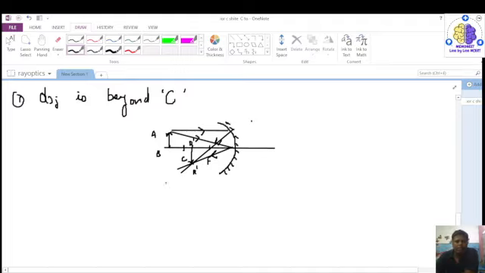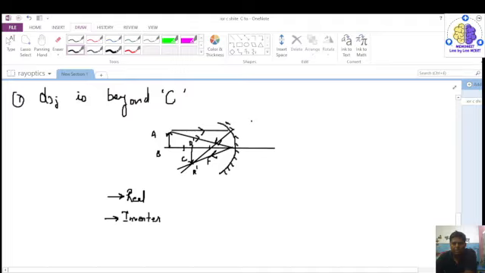So if we write the characteristics of the image, the very first thing is that the image formed is a real image, right? Why is it a real image? Because it is formed by two actually reflected light rays intersecting at a point. Then the second thing is that it is an inverted image, right?